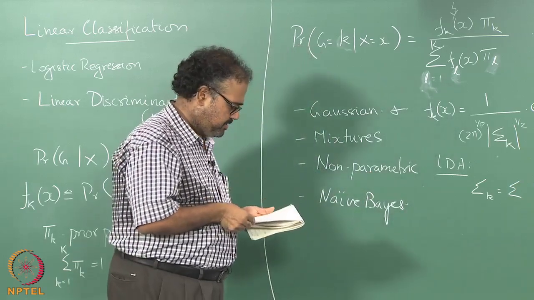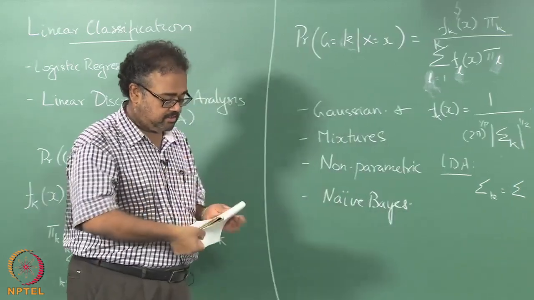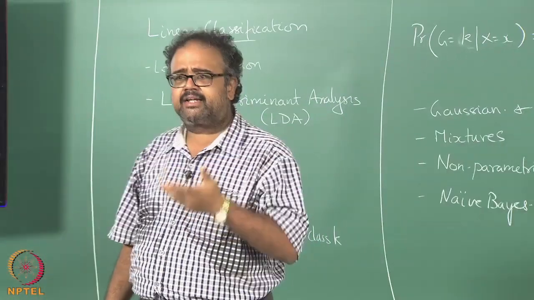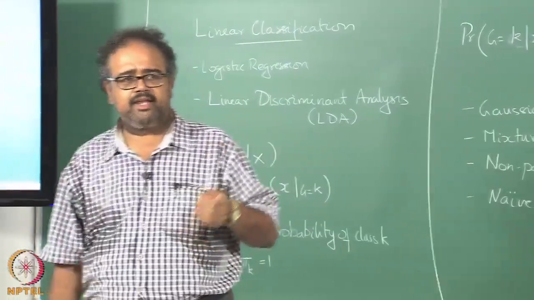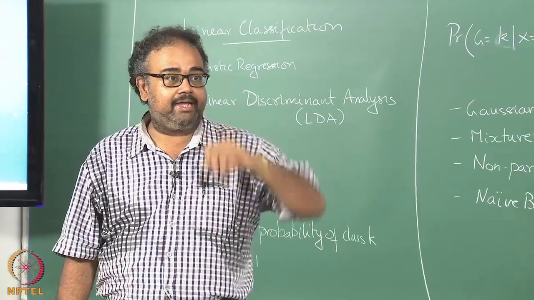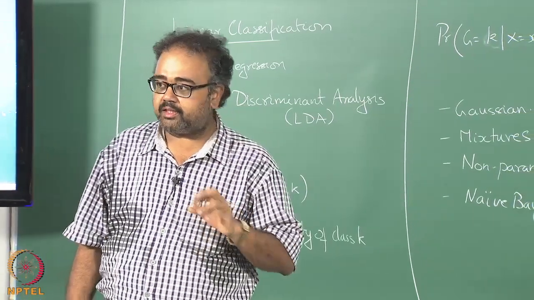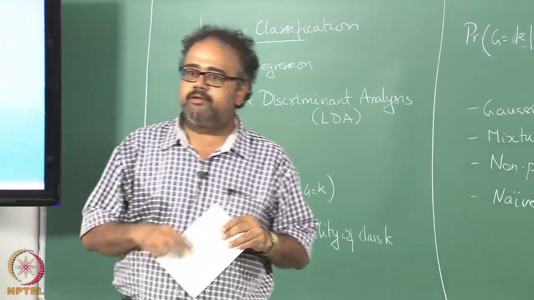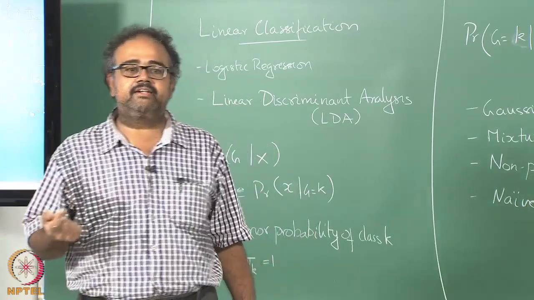Fine. Any questions so far? If you look at many pattern recognition textbooks, they will talk about LDA as a feature selection mechanism. You remember we looked at PLS when we did regression.